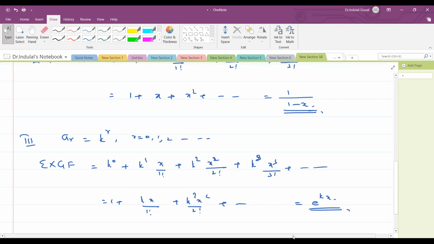So this is the notion of exponential generating function.